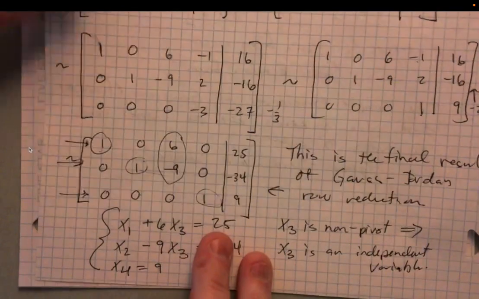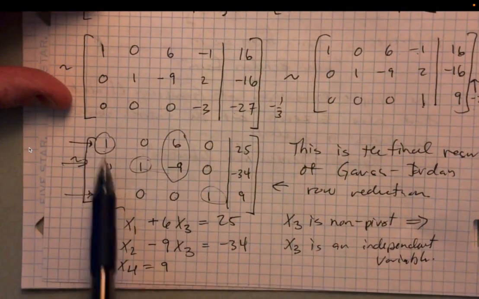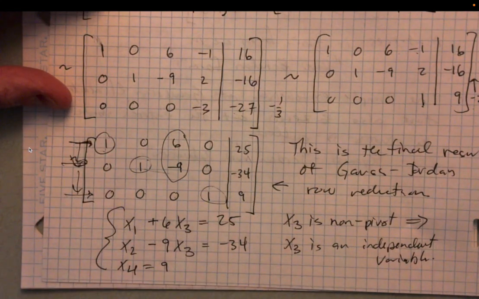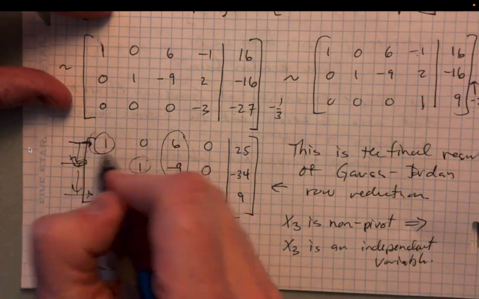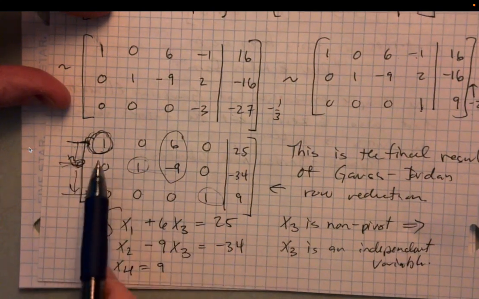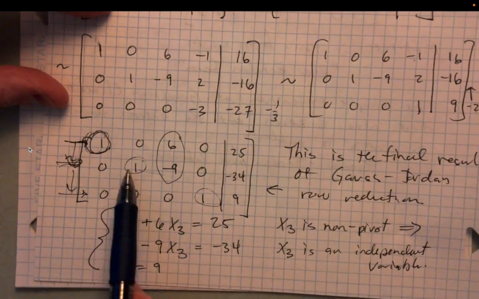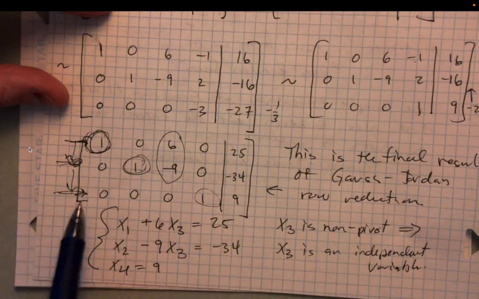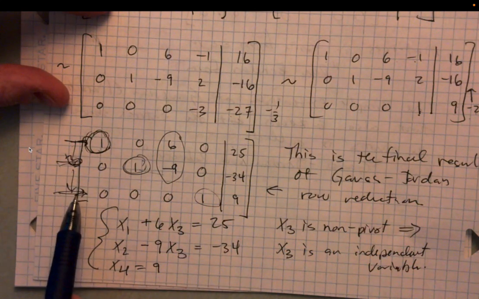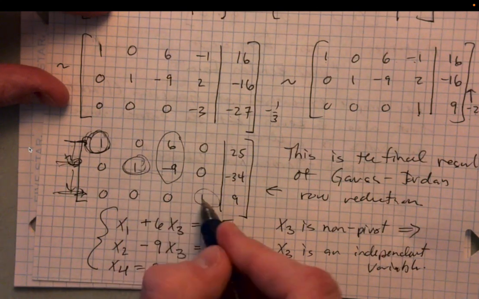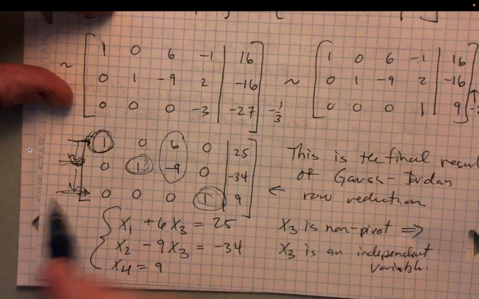Well, if we look again at this example, successive rows would be rows further down in the matrix. For example, this first row has its first non-zero entry in column 1. The second row better have its first non-zero entry in a later column, and that's what you see, in fact, column 2. Row 3 has to have its first non-zero entry in a column later still, beyond column 2, and you see that it's in fact column 4. Okay, so that's all that means.